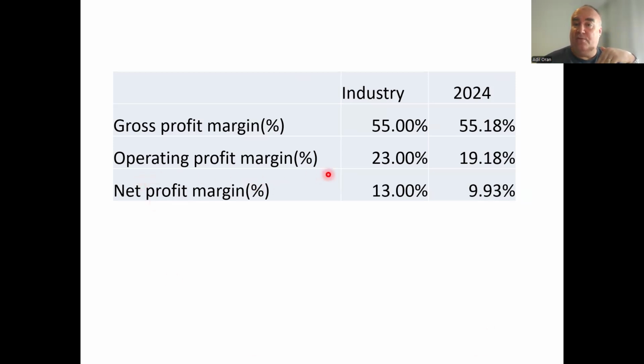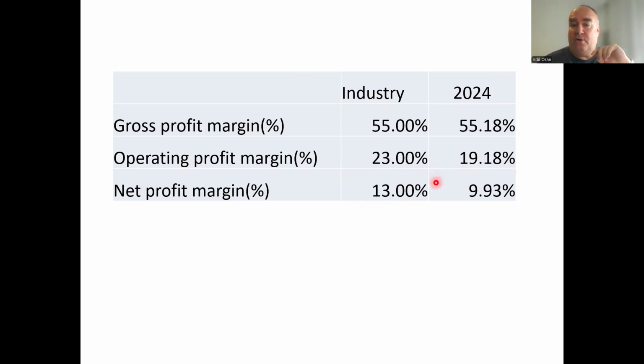Whereas the operating profit margin, 23 versus 19.918, tells us about the success of the company at controlling operating expenses and cost of goods sold. So cost of goods sold is still in there. So COGS and operating expense control is what we see here.